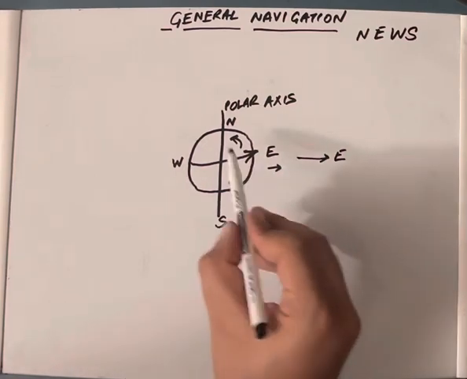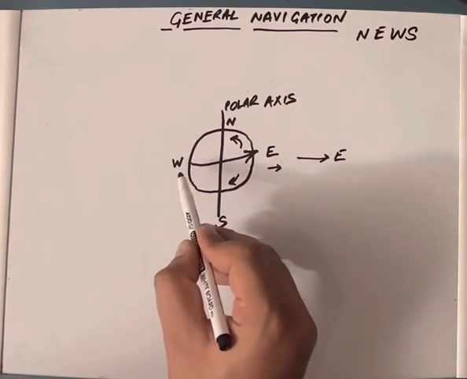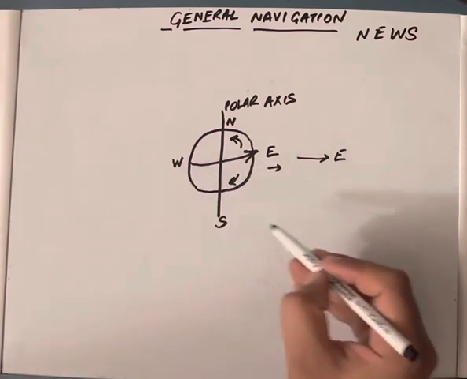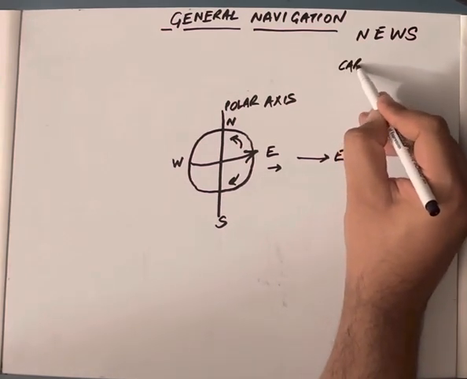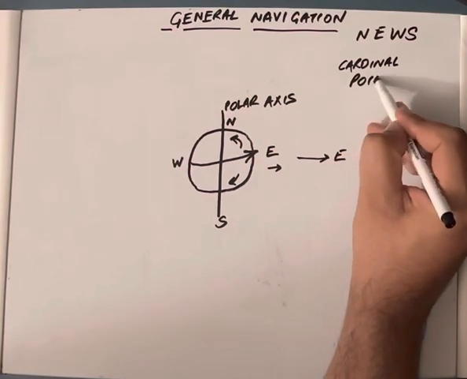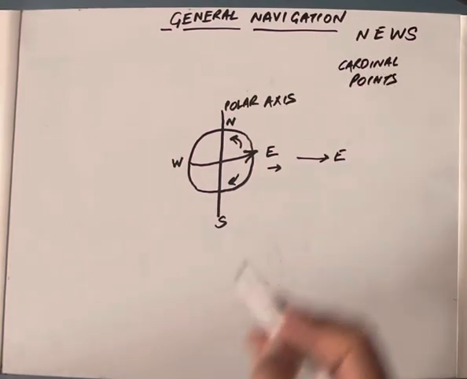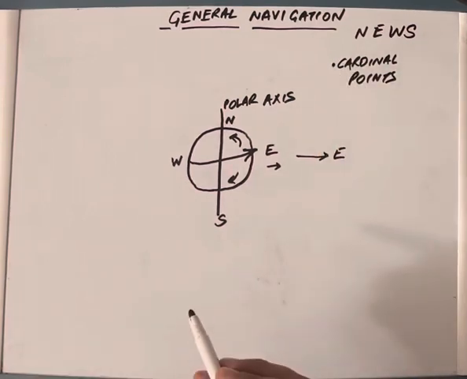So these north, east, south and west are also called the cardinal points. I will write it down here. So that is the definition of cardinal points and basic directions.